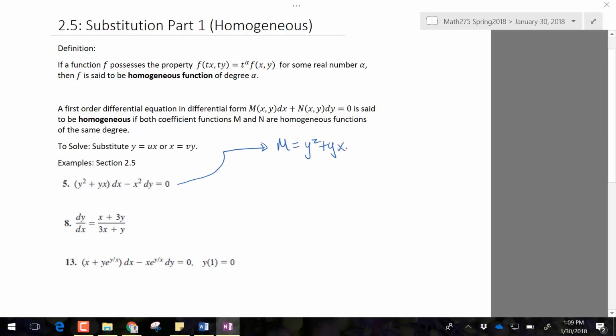So let's start off by writing this function M, and we want to check if that's actually homogeneous. So let's put tx in for x and ty in for y.